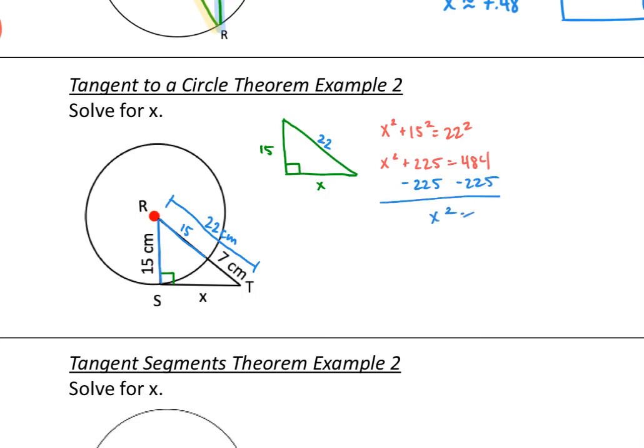So x squared equals 259. And last step, we're going to take the square root of both sides, which is about 16.09, which is our answer.